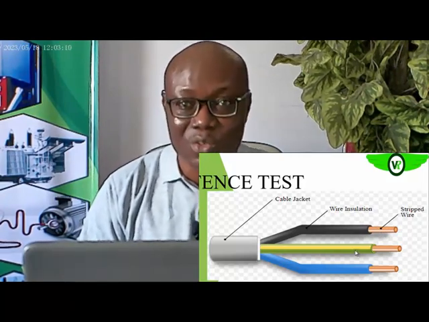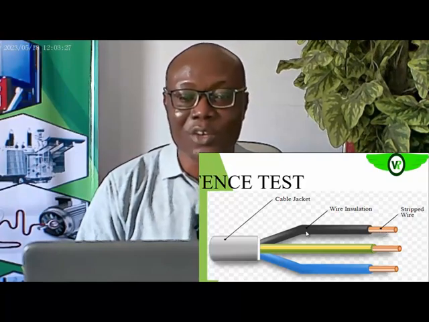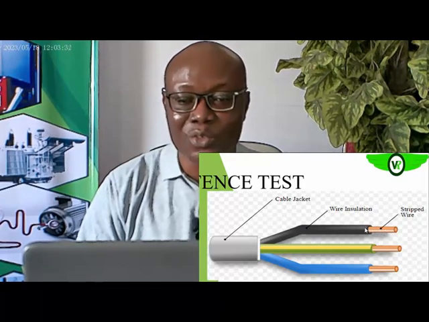So the part around the conductor is the insulator. Are we getting it? As you can see, we have insulators on each of the conductors. These insulators help to guide the flow of electricity through the conductors, and not short circuit or jump over to the other conductor.